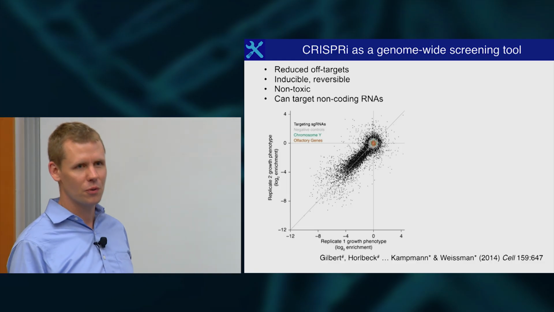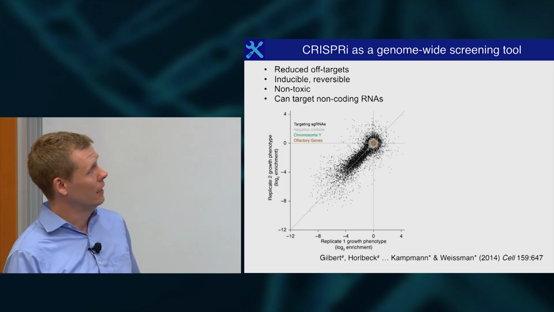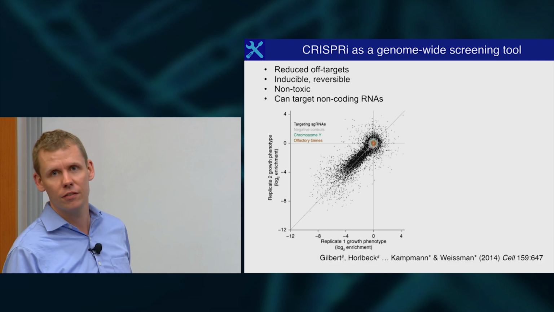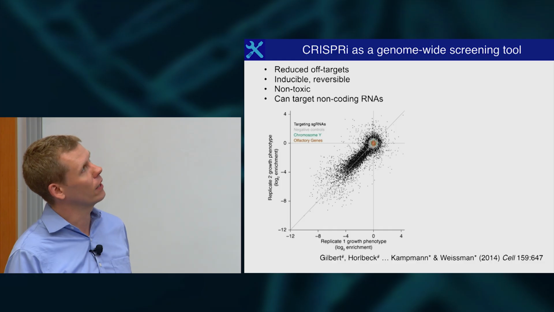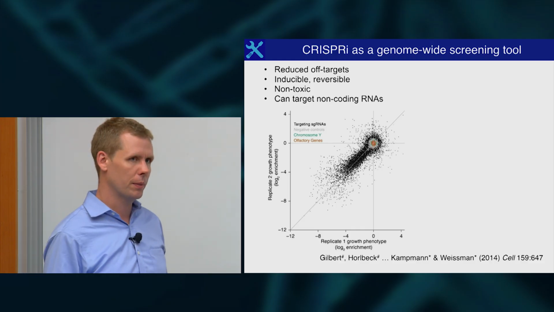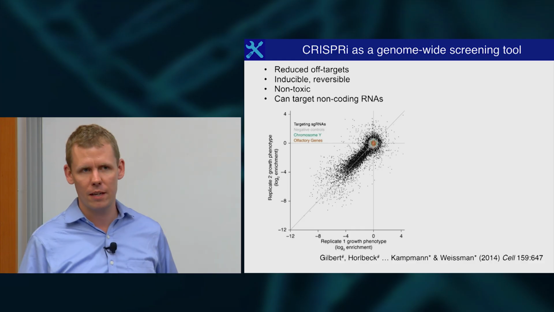I don't trust that they truly represent off-targets or whatever. So one thing that we could do is look at the Y chromosomal genes. K562 cells are female, so they don't have a Y chromosome. And all of the green dots, again, are tightly clustered around here. Or olfactory genes, which are present in K562 cells but not expressed. And again, none of them had phenotypes.